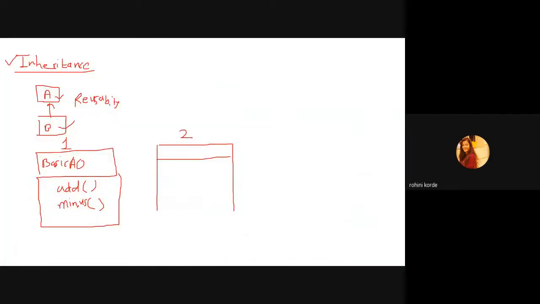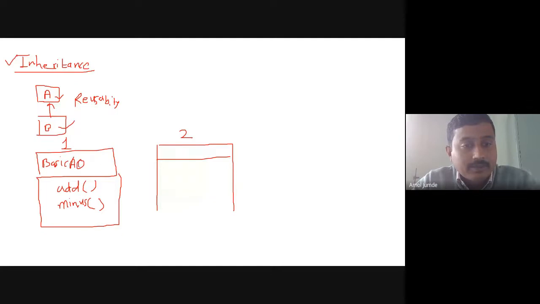BasicArithmeticOperations is our base class, and then we have the ArithmeticOperations class, where I have a multiply method, which will multiply two numbers, and divide.